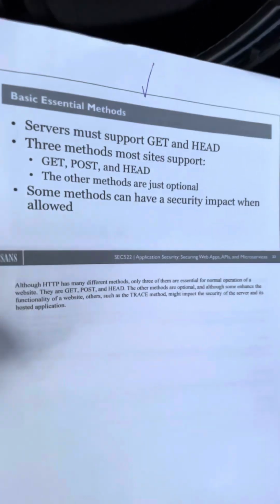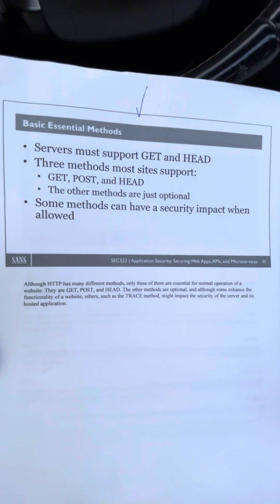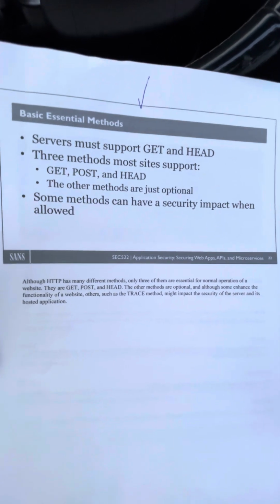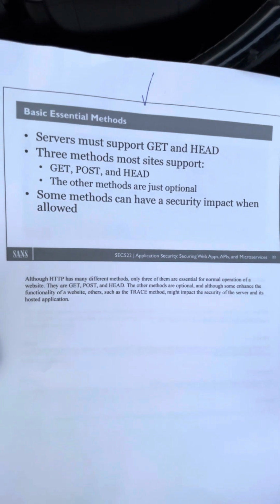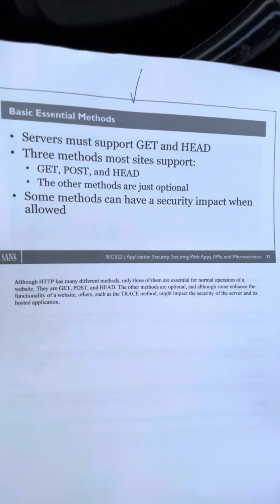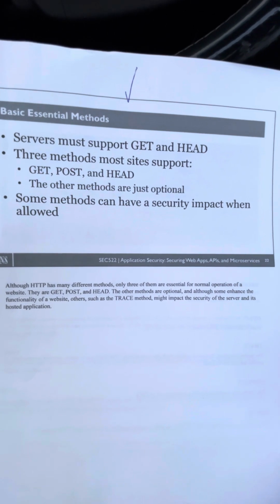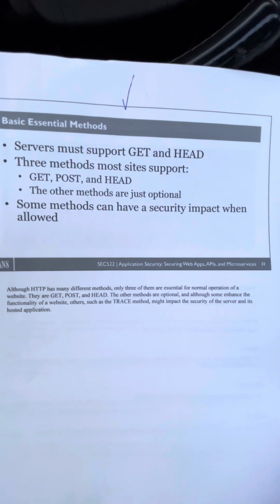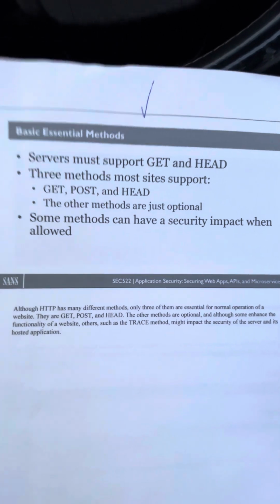I'll read the article. Although HTTP has many different methods, only 3 of them are essential for normal operation of a website. They are get, post, and head. The other methods are optional, and although some enhance the functionality of a website, others, such as the trace method, might impact the security of the server and its hosted application.